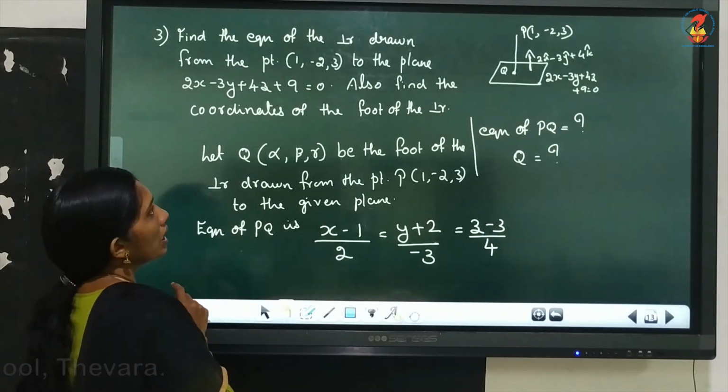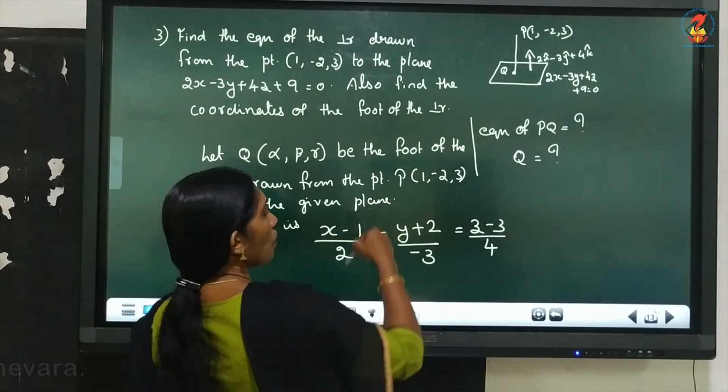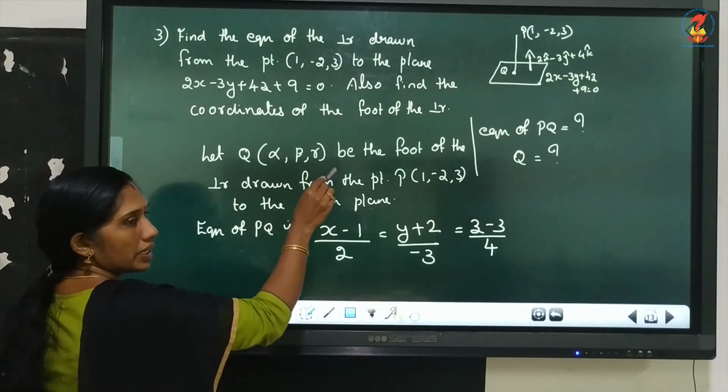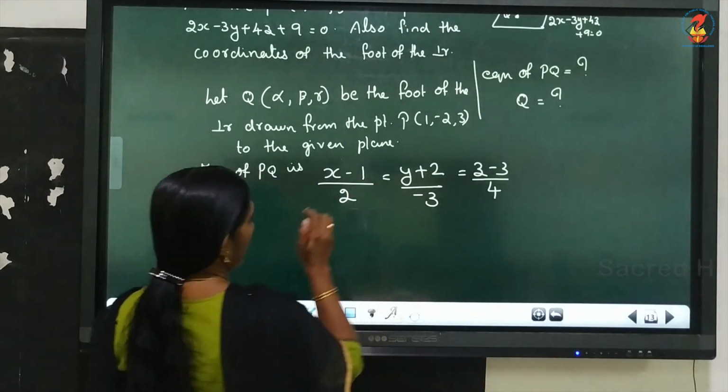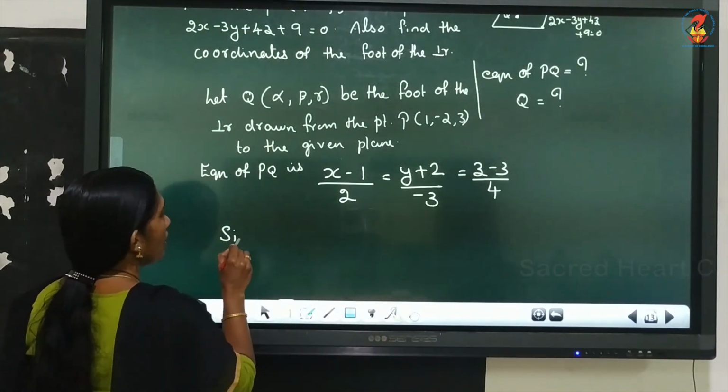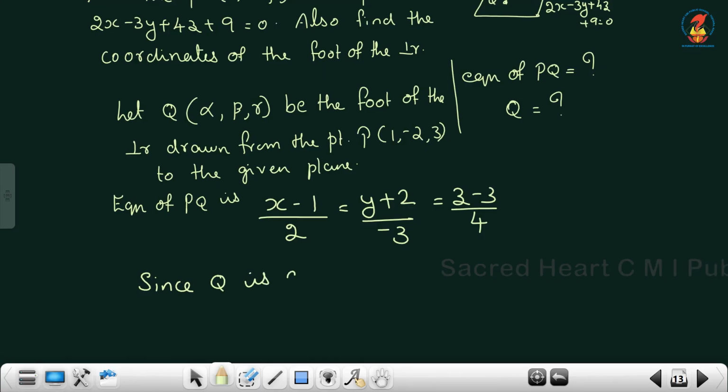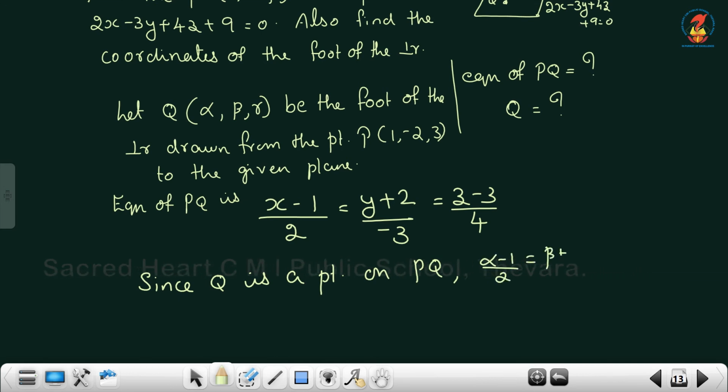Okay. Now this Q lies on this line. What is Q? Alpha, beta, gamma. So we can give x, y, z as alpha, beta, gamma. Since Q is a point on PQ, we can write alpha minus 1 by 2 is equal to beta plus 2 by minus 3 is equal to gamma minus 3 by 4 equal to some lambda.